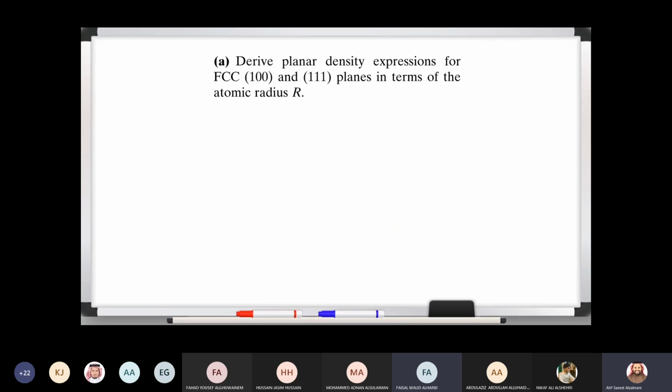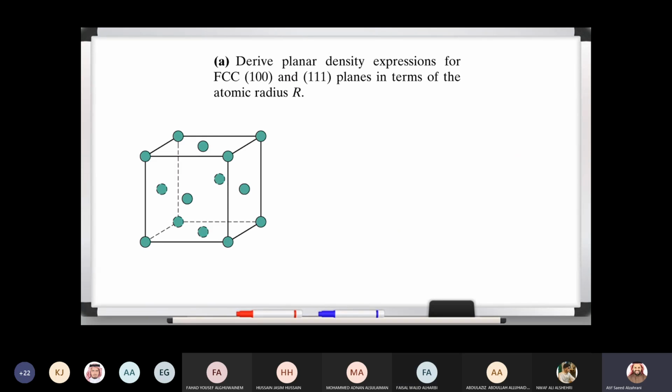Okay, let's talk about the planar density. And again, let's focus on the 111 plane. We don't care about 110 because it's simple, okay? So it's the 111 plane, and it will be something like this.